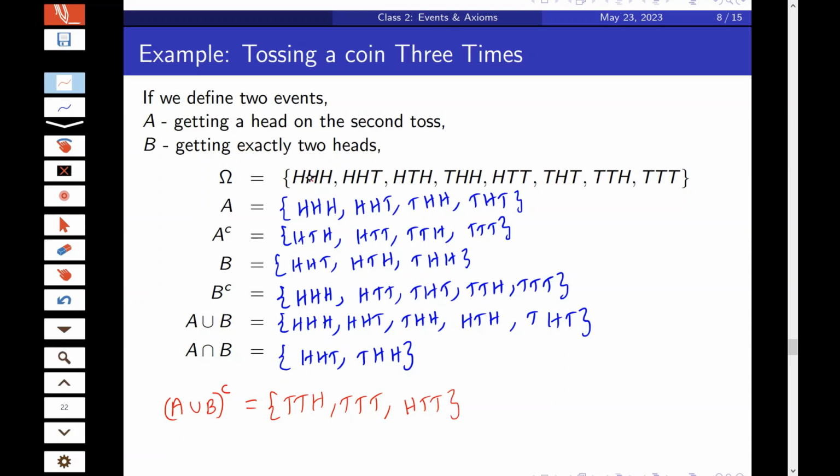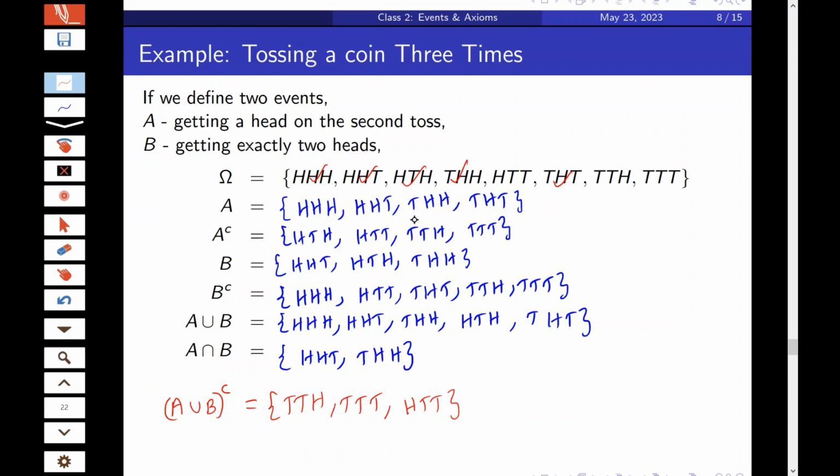HHT is here, THT is here, HTH is here, THH is here.